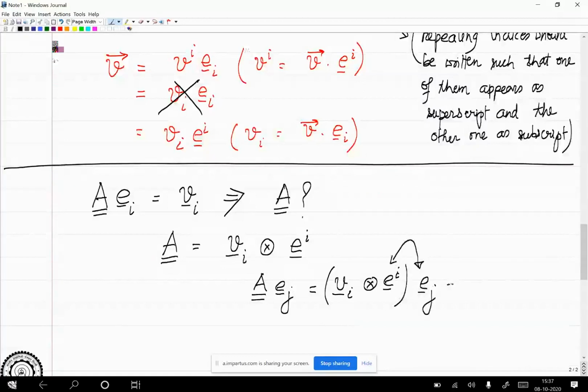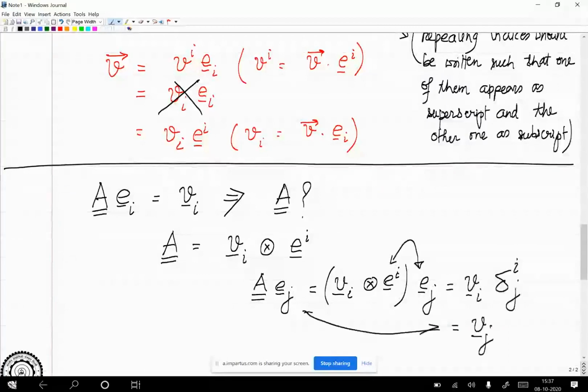This simply gives me V sub I delta super I sub J, which is V sub J, what it should be. So you can see that it is so easy to construct a second order tensor once you have the dual basis with you.